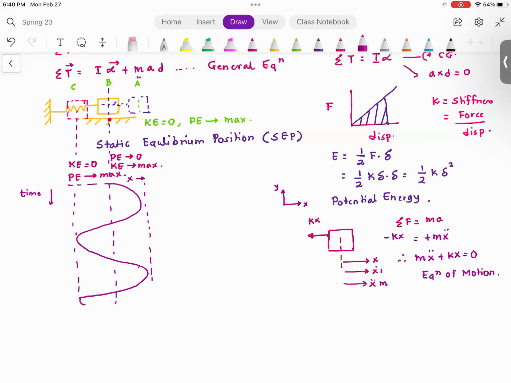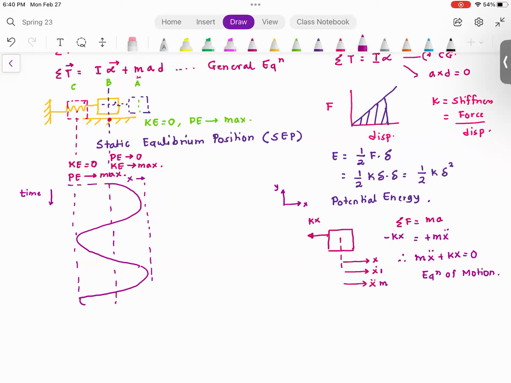What it means is you can approximate that as some sine and some cosine. How much sine and how much cosine is present depends upon the initial condition. But all in all, the solution of this differential equation is finding the equation of x as a function of time. Everyone understood this?